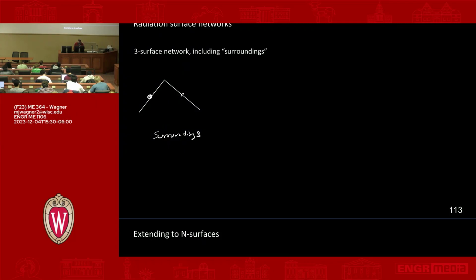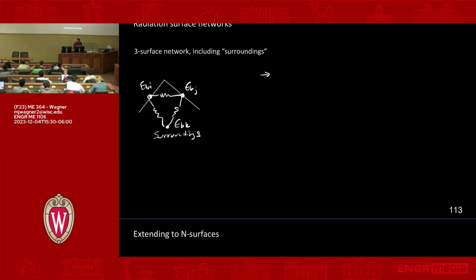Well, we can still treat this as a 3-node problem, where again you have the resistance between each of the nodes like this, and you have emissive power EBI, EBJ. For the surroundings, you can still have an emissive power EBK of that quote surface. It's just that the emissive power is related to the temperature of the surroundings. So the surroundings are emitting to you, but you just deal with it this way.